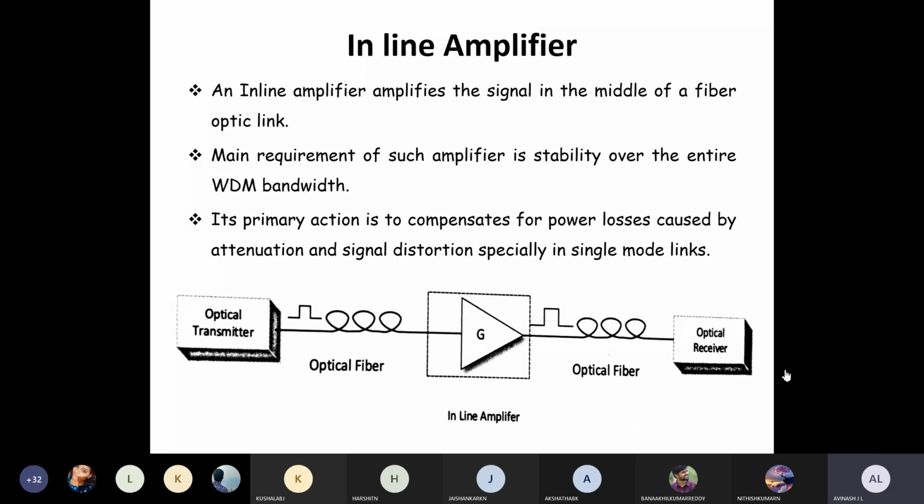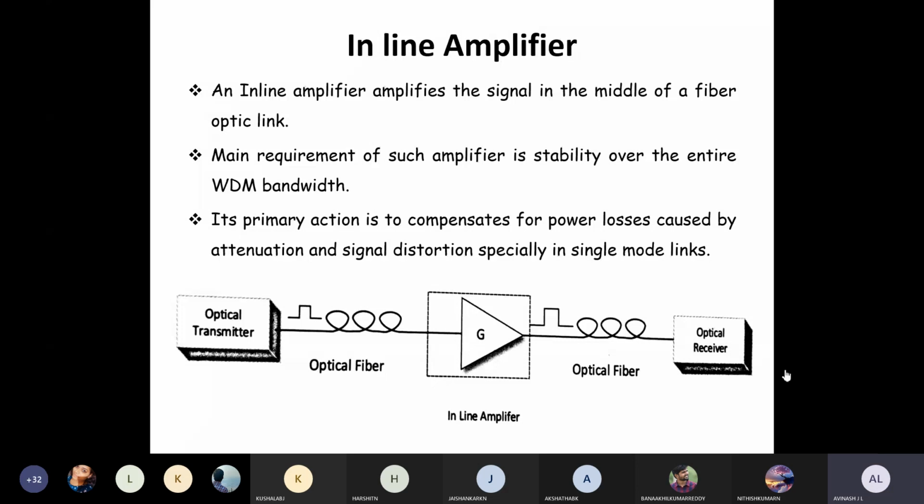In multi-mode, multiple waves and multiple optical fibers will come, so we would need a separate amplifier for each. It is not easy and not economical to use multiple amplifiers, so for single mode links we are going to use this concept.